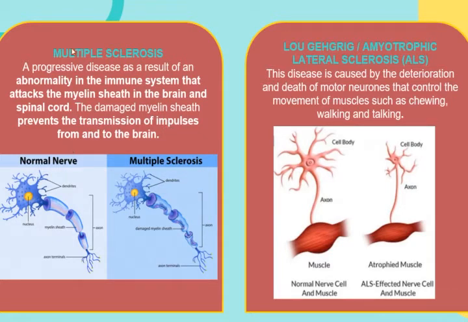That is multiple sclerosis. As you can see from the diagram here, this is the damaged myelin sheath, damaged because antibodies attack the myelin sheath in the brain, from and to the brain.